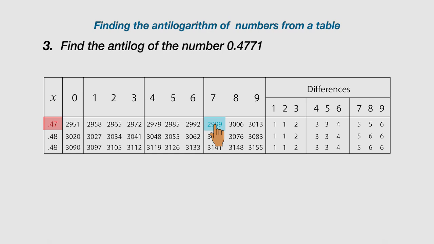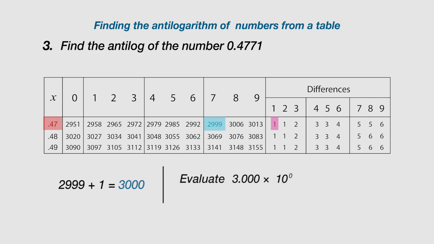We continue horizontally to the differences column headed 1. There we have 1. And so we add the 1 to the 2999, and that gives us 3000. Now we are going to write this as 3.000 times 10 raised to the power 0. The 0, which is our exponent, is the characteristic from the logarithm in the question.